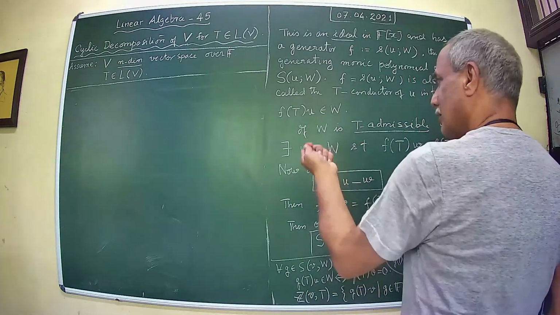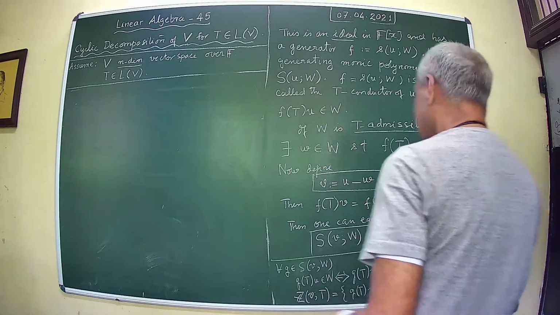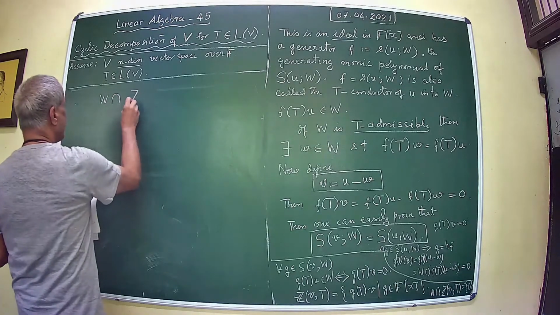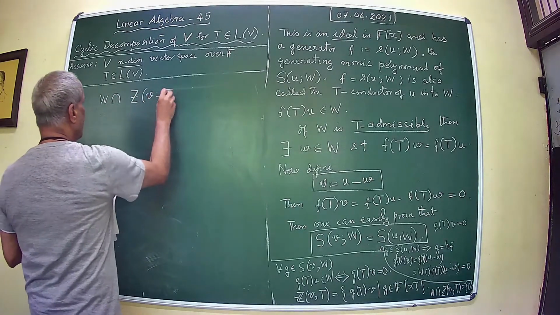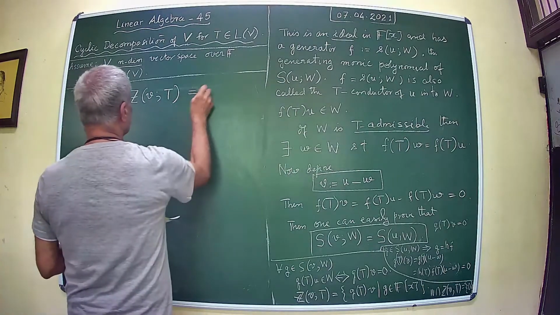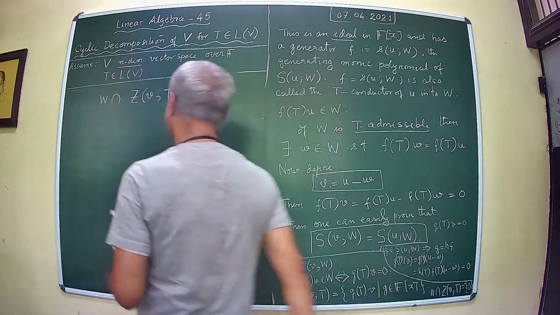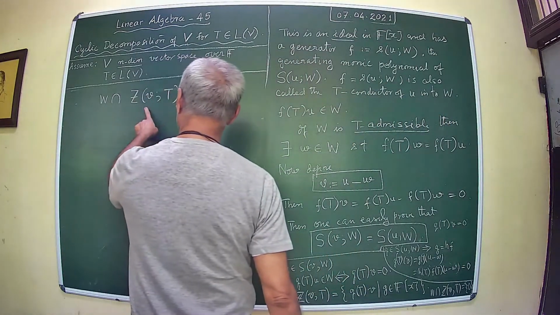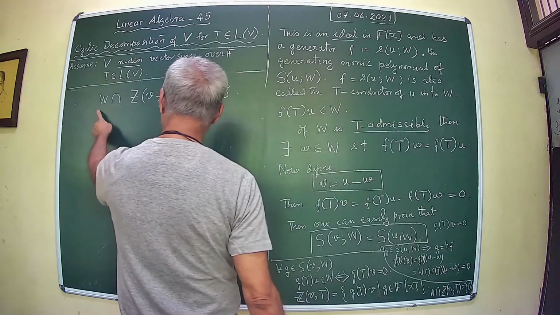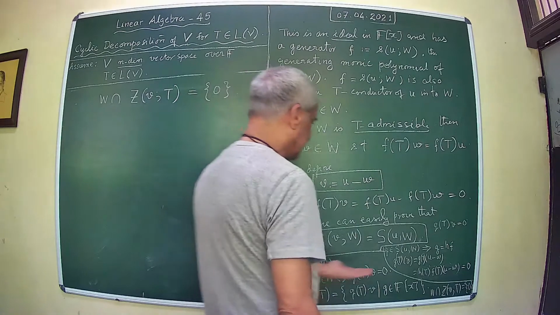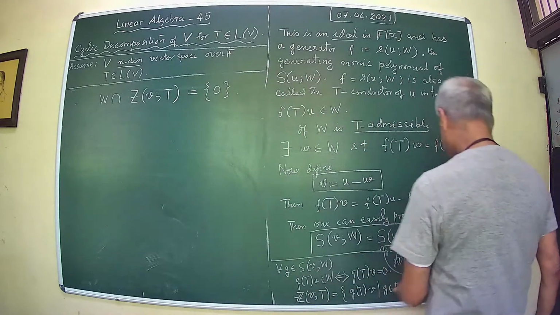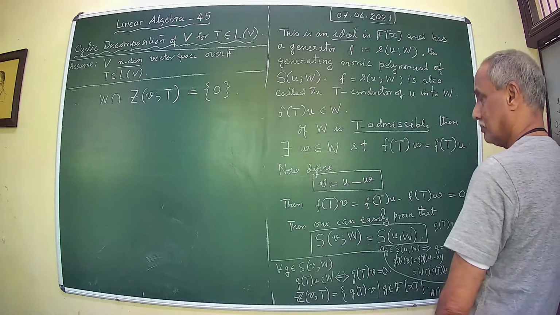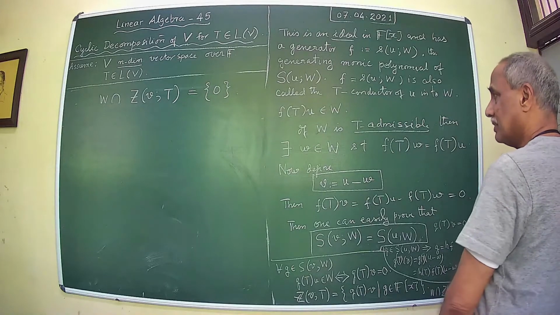Therefore, what we obtain is this W intersection... so any element of W which is common to ZBT has the property that this is equal to C. Therefore, you get the element of ZBT is equal to 0.